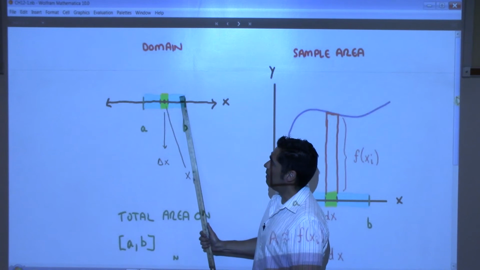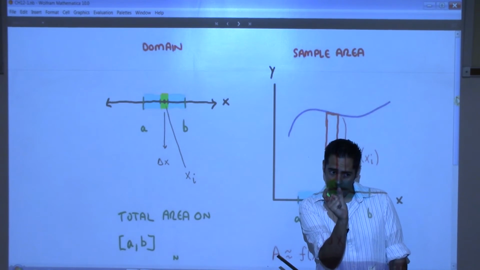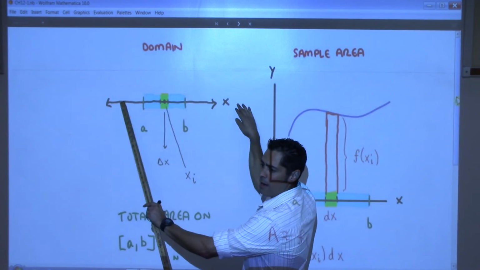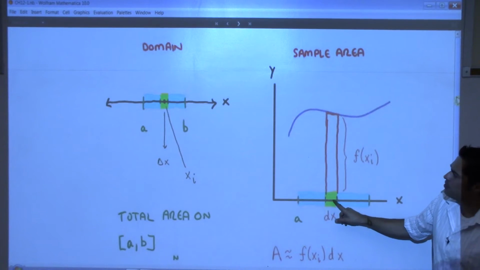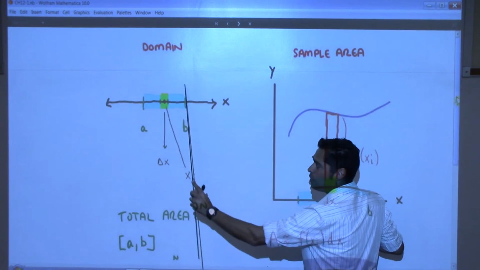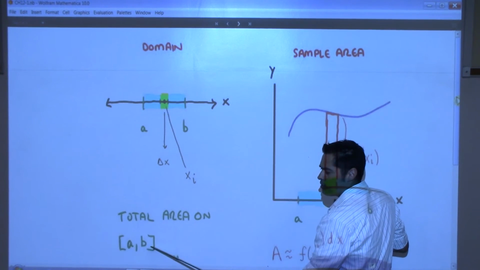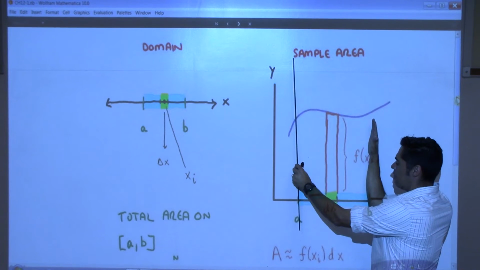The domain, right? That little dx, the little change in x, the width, came off the number line. It was this piece right here. That's our dx down there. And so the domain was a number line. And so we were looking at the interval AB, weren't we? Looking at this interval just between here and here. What's the area?